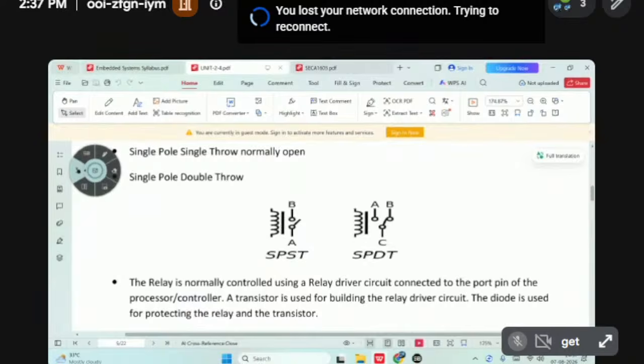Why? Because whenever we have an excess amount of power generated, automatically the diode may be in the reverse bias, right? So that's why we can protect the particular electronic circuit.